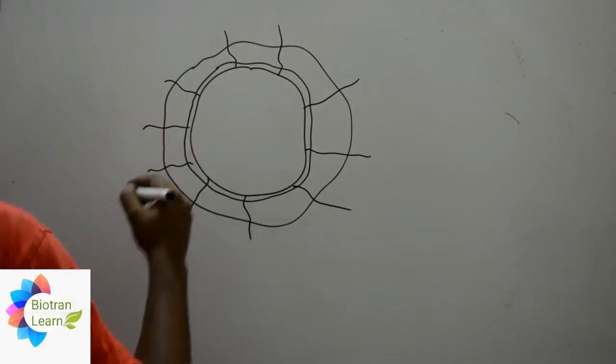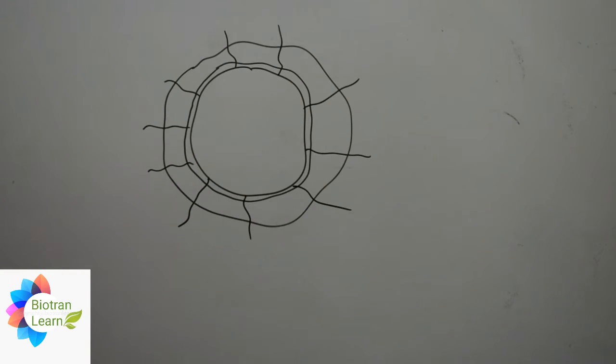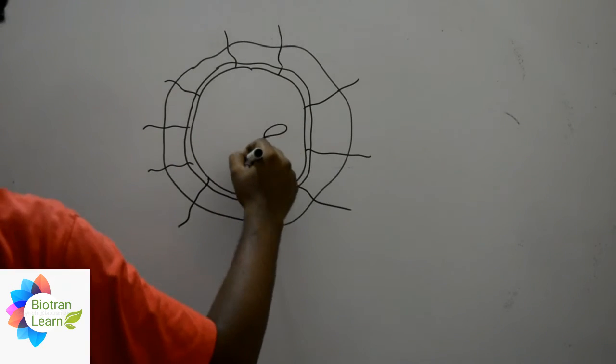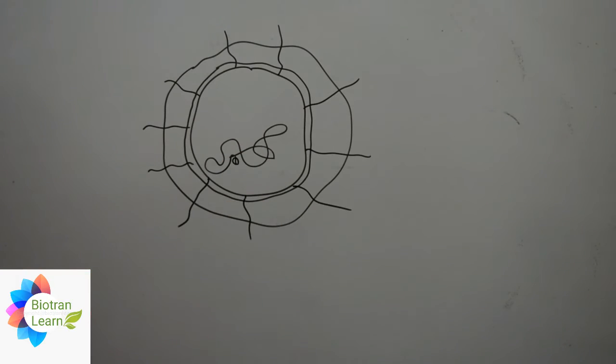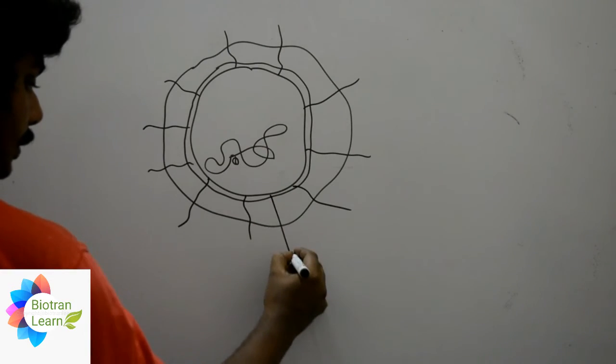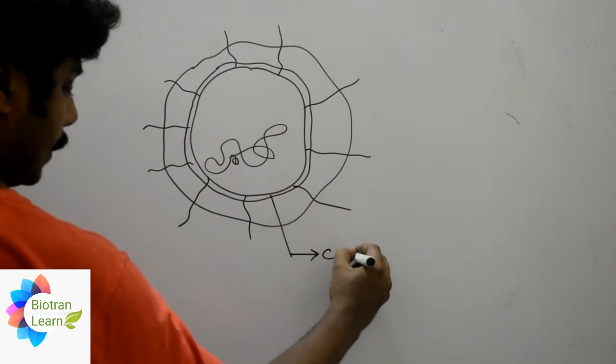So all these are known as fimbriae, and then we will have a beautiful nucleoid in this section, and afterwards there will be a lipoteichoic structure in here. Okay, so let's see, this is the cell wall.